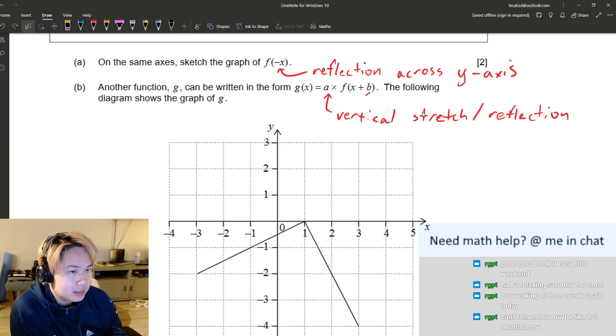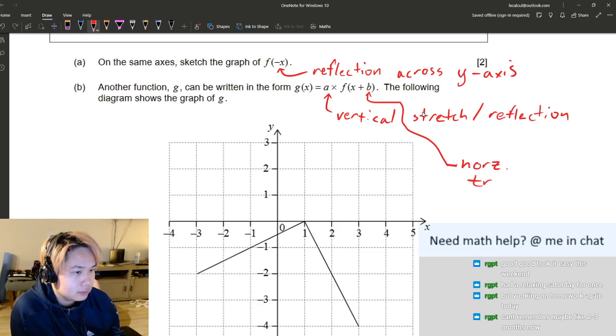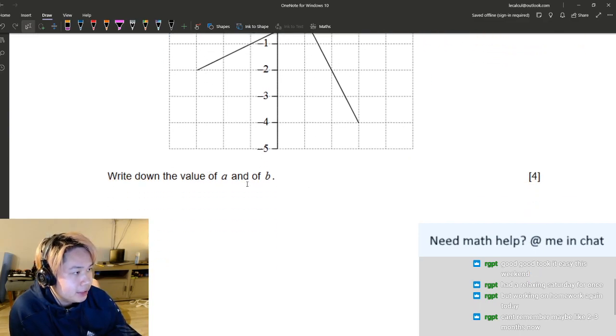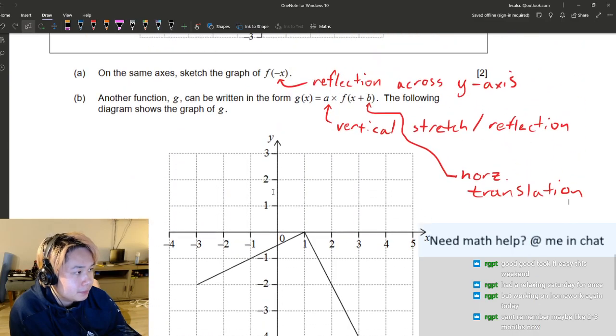And inside the actual function notation itself, we have a horizontal translation. So here are the two transformations applied to f, which creates this g. And then we just need to find out what a and b are.